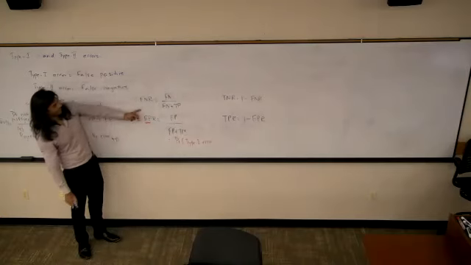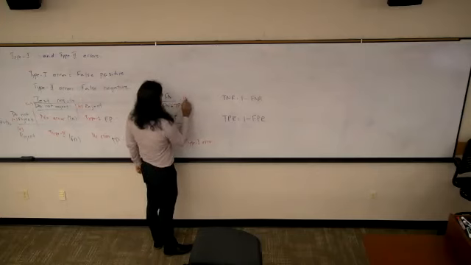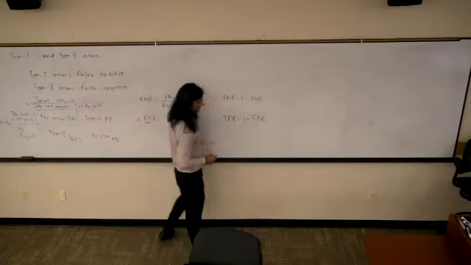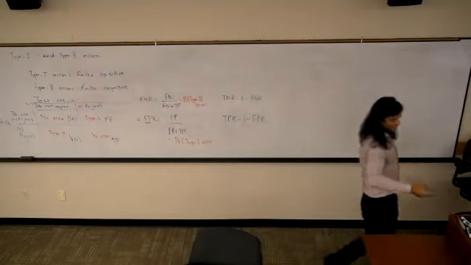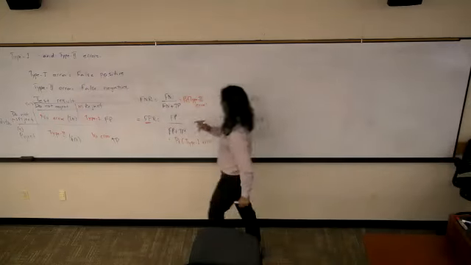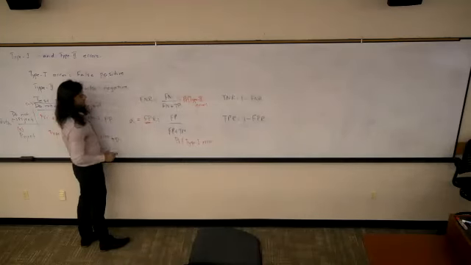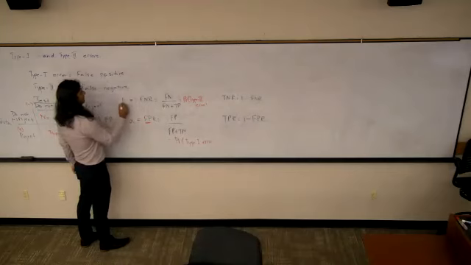Good. Over there, naturally, is the probability of type 2 error. In terms of notation, we call this alpha. That is beta.